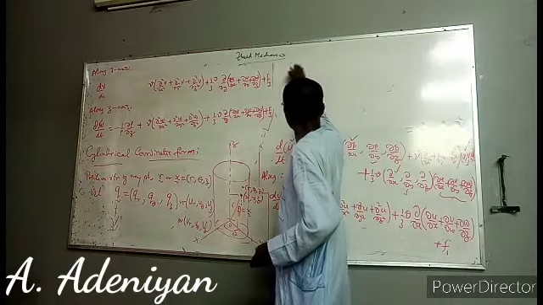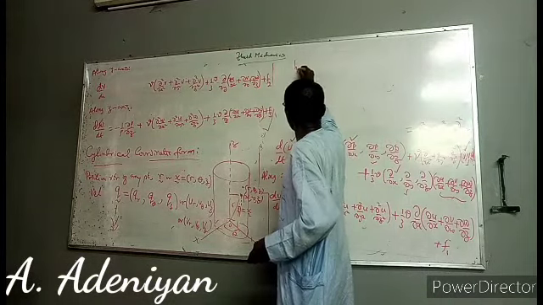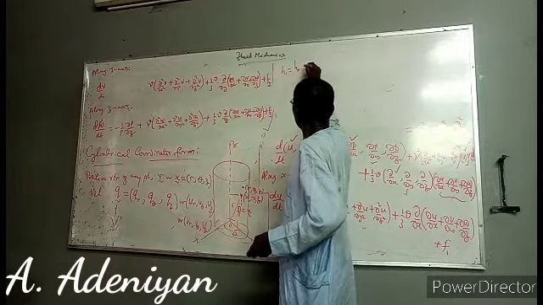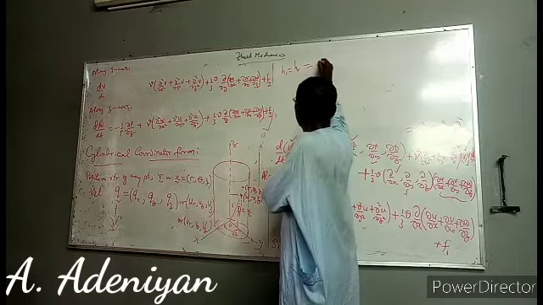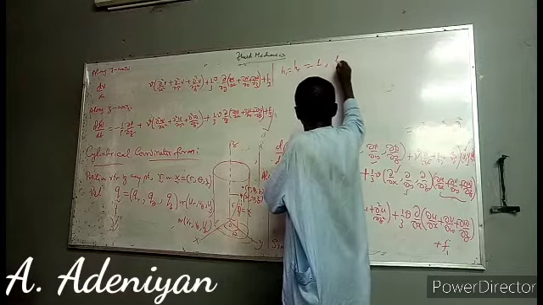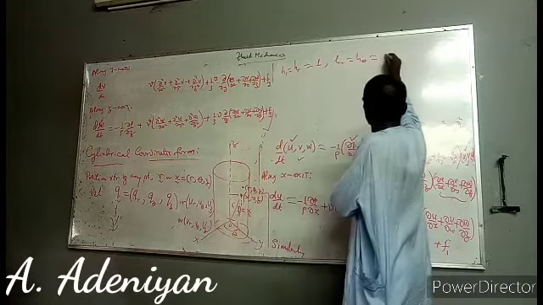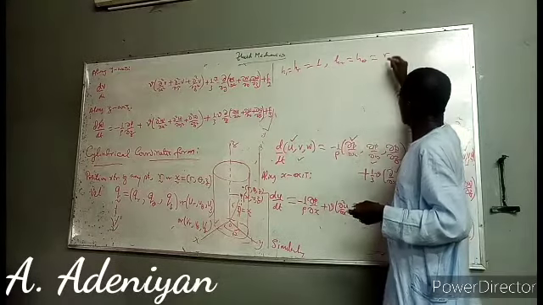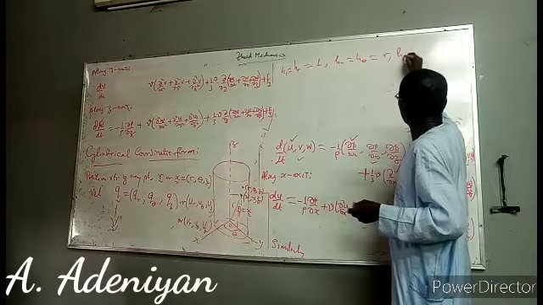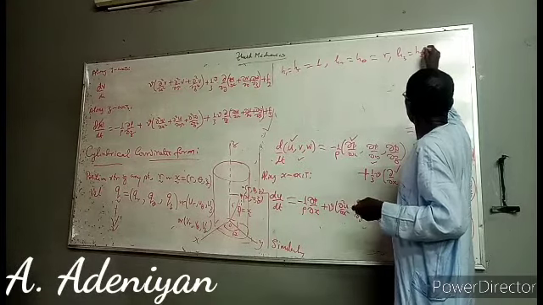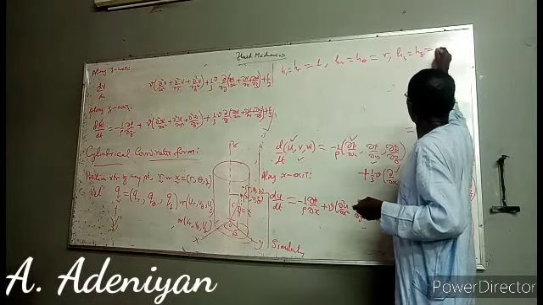The scalar factor h1, along r, in the cylindrical coordinate system is 1. h2, along theta, is r. And h3, along z, is also 1.